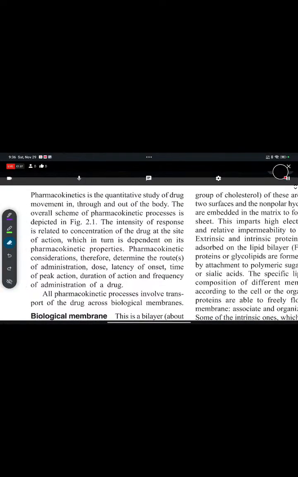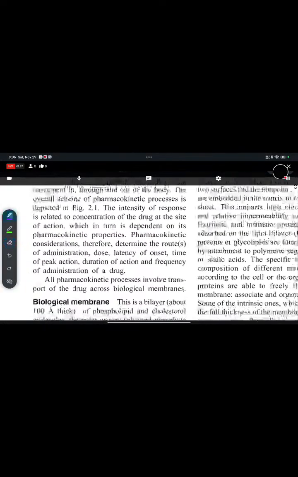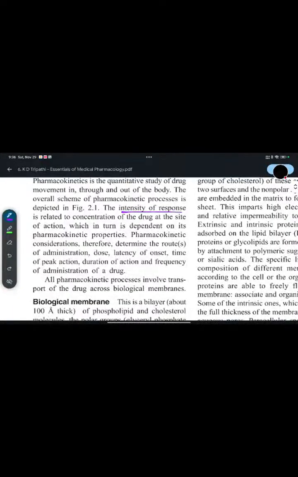Okay, now we will see the intensity of response is related to the concentration of the drug at the site of action. So concentration of drug at the site of action is very important, which in turn is dependent on its pharmacokinetic properties. Now, pharmacokinetic considerations therefore determine the route of administration, dose of drug, and latency of onset.